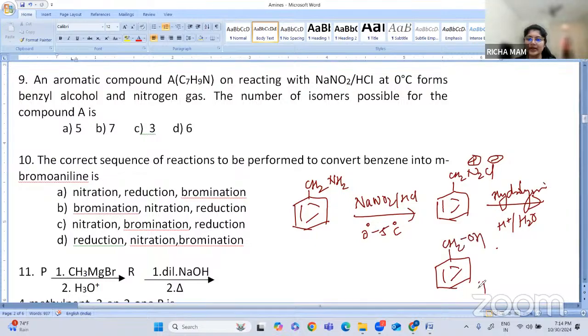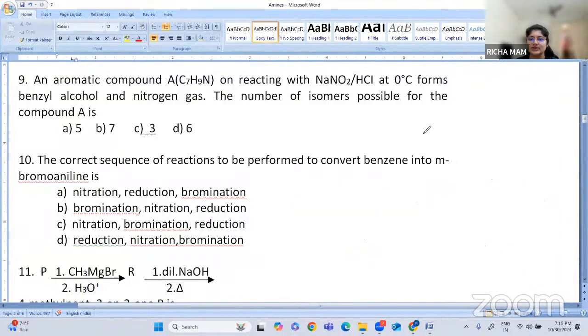So I'm going to get benzyl alcohol from benzyl amine. Now here, what are the possible isomers for benzyl amine?